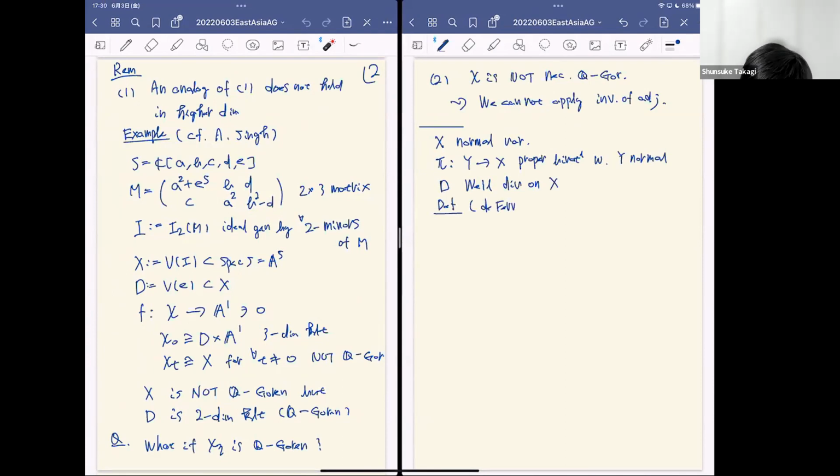Dufresne and Heycon define the pullback of a Weil divisor as follows.